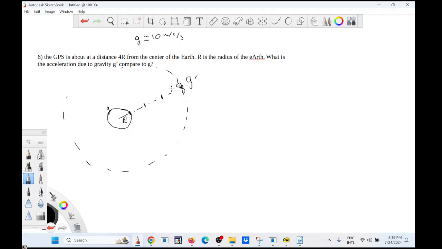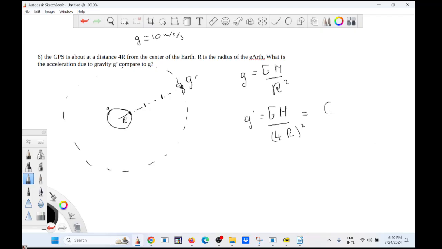So you can do that using the inverse square law, or you can do it algebraically. So you know that g is going to be the constant G, the mass of the Earth, over the radius squared. G prime will be the same Earth, but now the distance is 4 times R, everything squared.